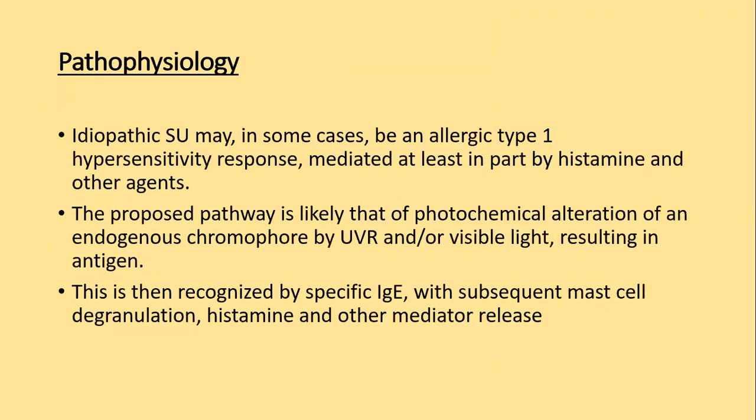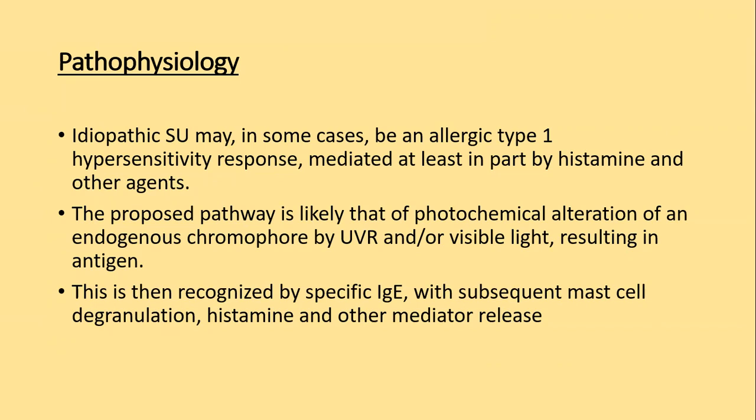Pathophysiology. Idiopathic solar urticaria may in some cases be an allergic type 1 hypersensitivity response, mediated at least in part by histamine and other agents. The proposed pathway is likely that of photochemical alteration of an endogenous chromophore by ultraviolet radiation or visible light, resulting in an antigen.